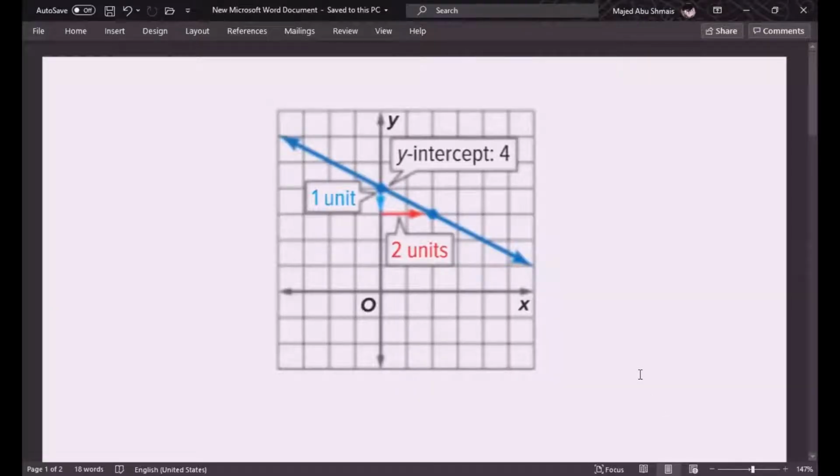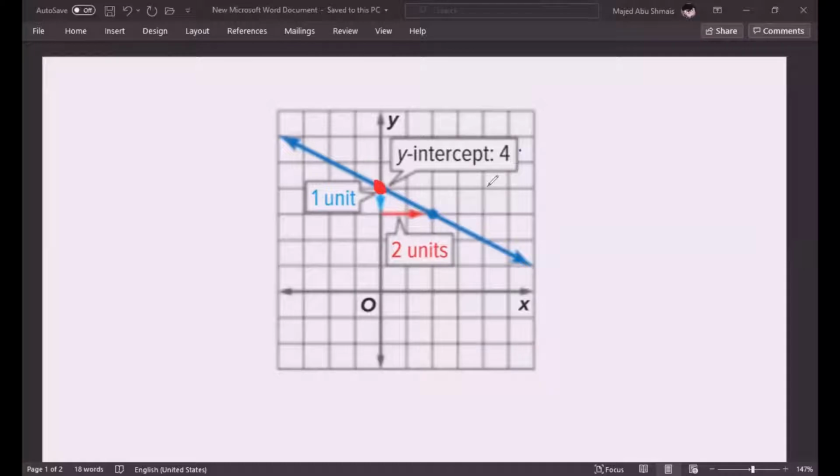Okay, let's look here at this picture. We can see the blue line here, and this blue line passes through the y-axis. So we can see here that this is the y-axis, and the blue line passes through this axis at some point, which we can represent as the red point here.